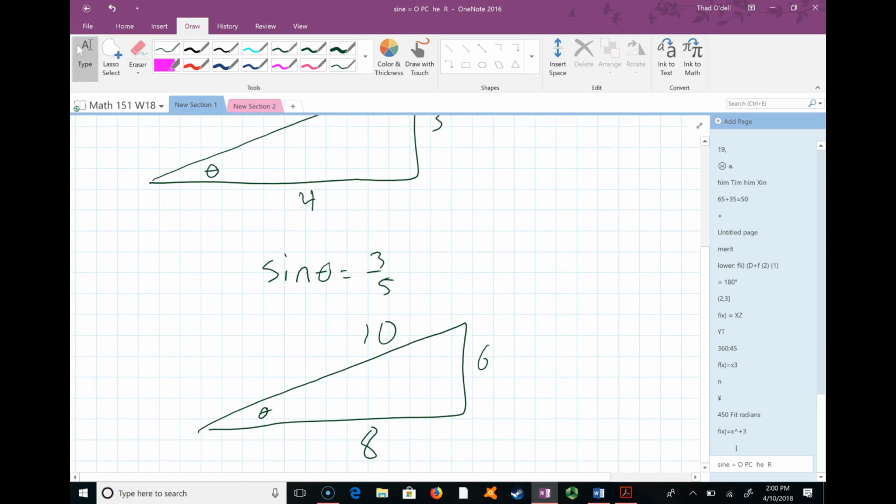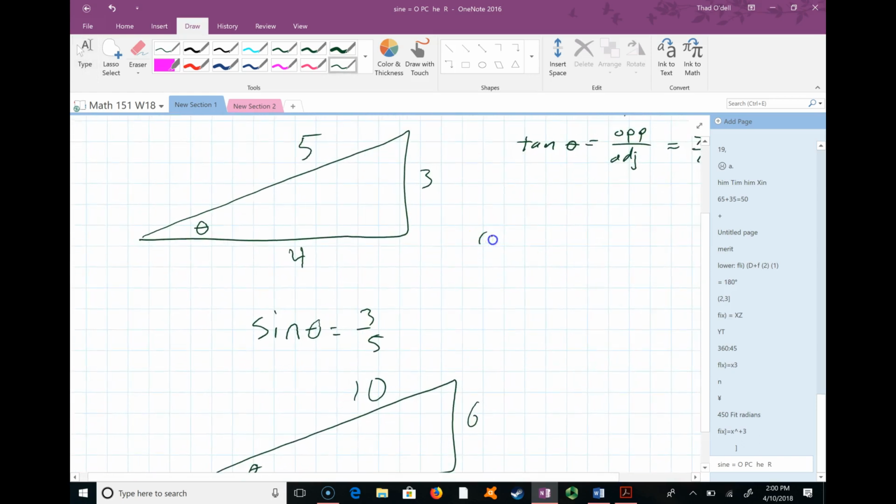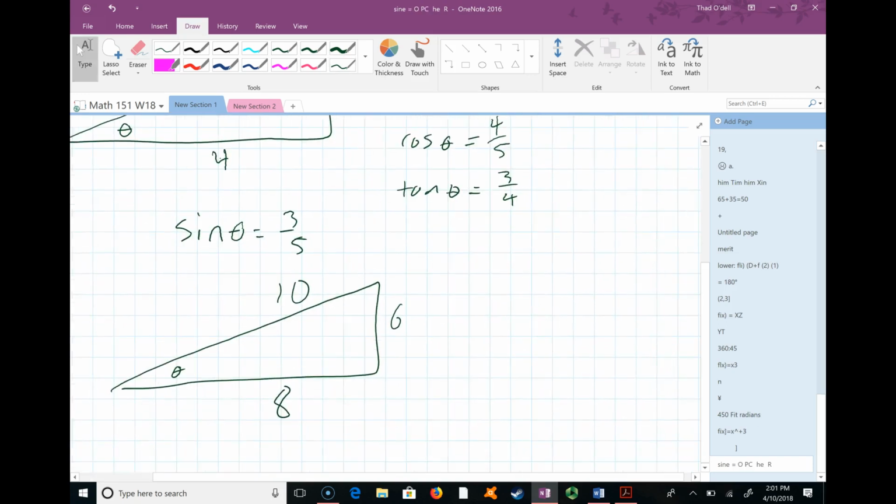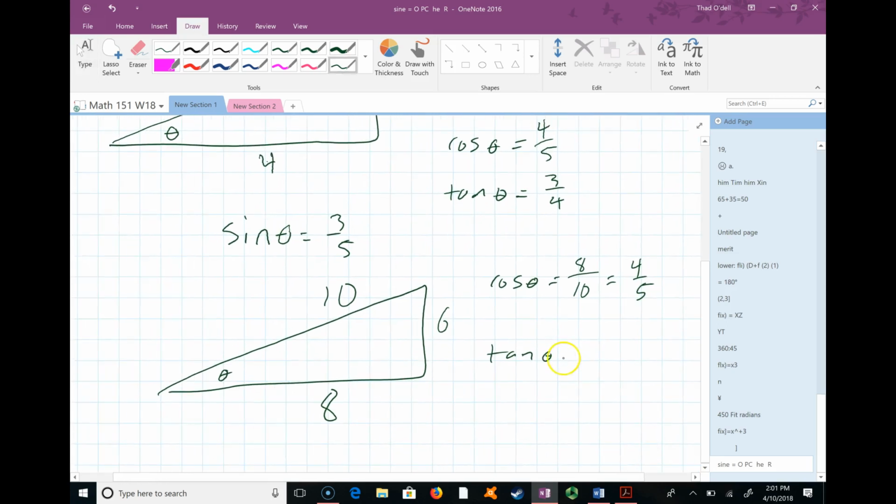So notice, if we were to find the other trig functions for this, cosine of theta in this case would be 4/5, and tangent of theta would be 3/4, because cosine is adjacent over hypotenuse, and tangent is opposite over adjacent. And notice if we do the same thing here, cosine of theta would be 8 over 10, which of course is the same thing as 4/5, and tangent of theta would be 6 over 8, which of course is the same thing as 3/4.